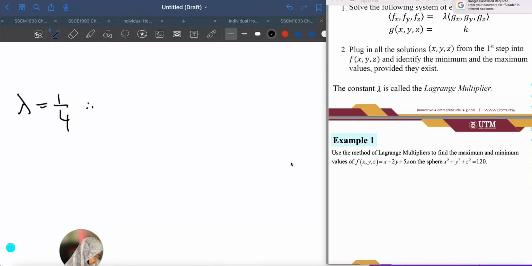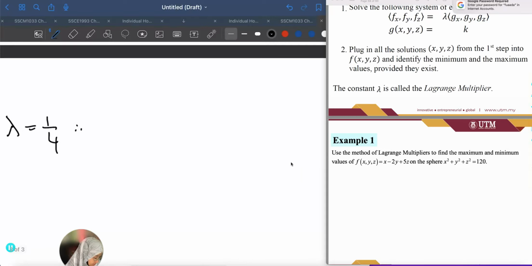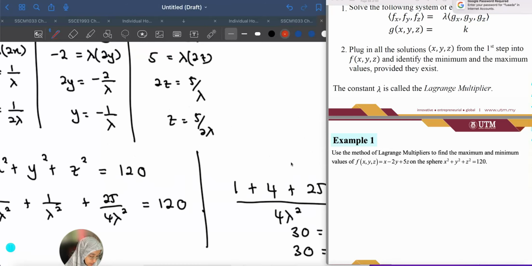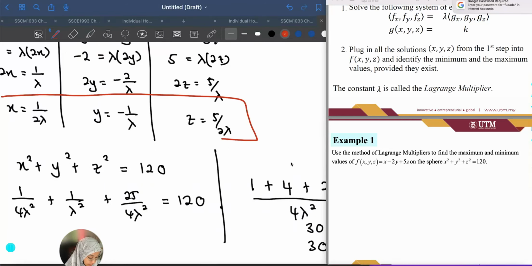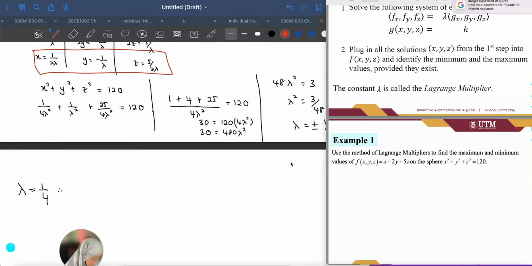Okay, and then for this particular lambda, when lambda is 1 over 4, we can compute the function. Remember that we have the x, y, z here. You substitute the lambda you obtained, and you will get the x, y, and z. So for lambda 1 over 4, x, y, z is a point.